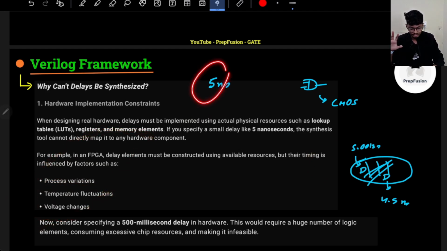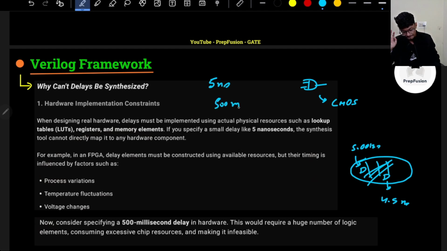You will say I can easily design a 5 nanosecond delay. Okay, no problem. But let's say I want a 500 millisecond delay. How will you design it? How many AND gates will you require? 1000 AND gates, sorry, not even 1000. 1000 AND gates actually means 5 microseconds, and then I have to go to milli.